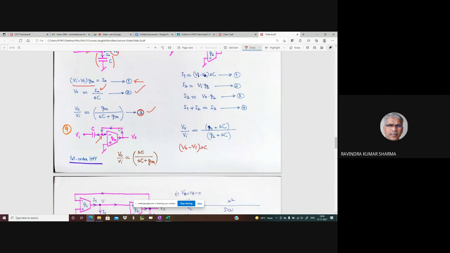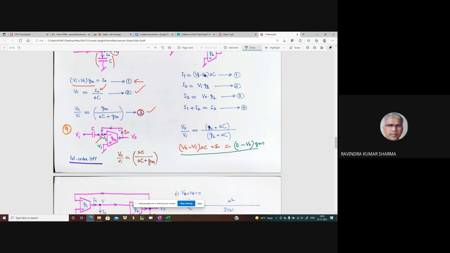This will be the current, which is I naught. And how will you write I naught? I naught will be non-inverting voltage minus inverting voltage times Gm. So V1 is 0 minus V2 is V naught times Gm. Is that okay? Yes, sir.